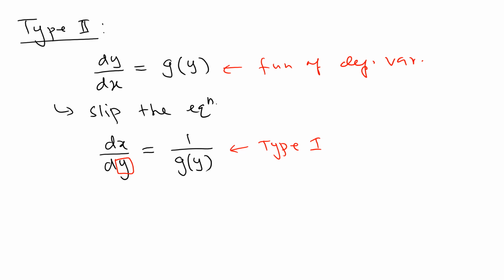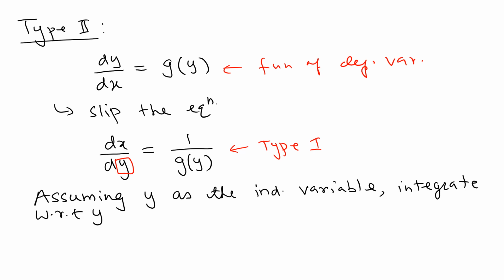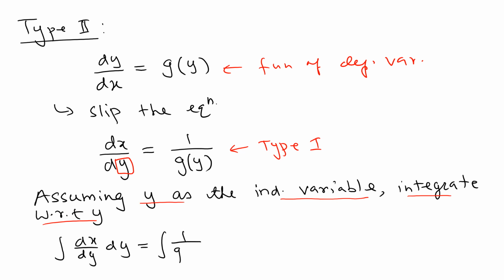We assume y as the independent variable and integrate with respect to y. So you integrate dx over dy with respect to y, and the same thing on the other side.